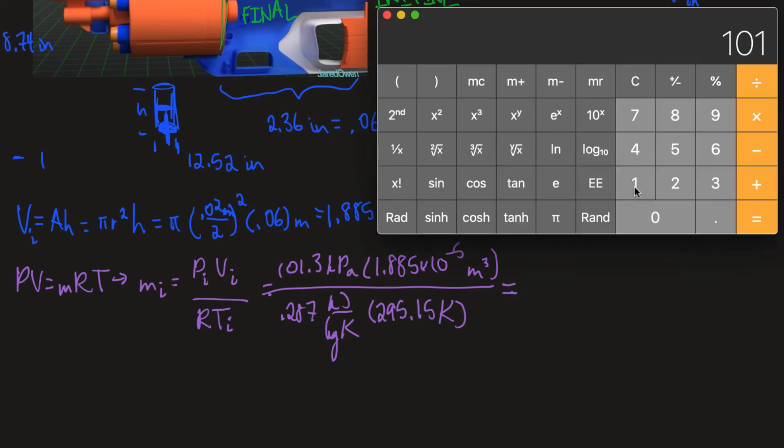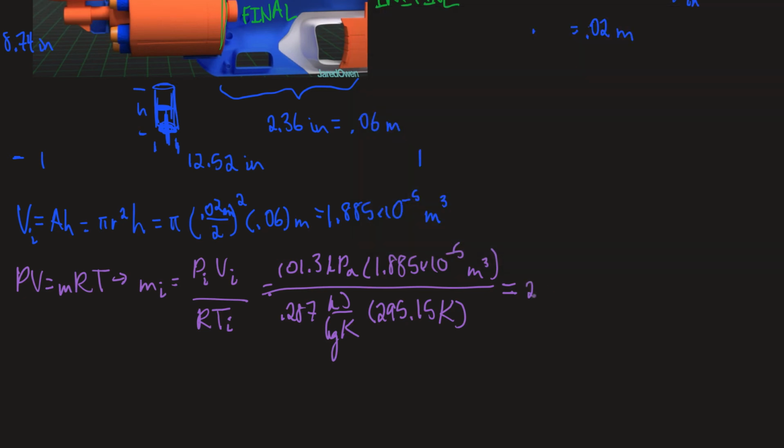So we're going to take that atmospheric pressure times the initial volume, and we'll bring the times 10 to the negative 5 at the end. We'll divide by the gas-specific constant of air and the room temperature, and that gives us 2.254 times 10 to the negative 5, and this is going to be in units of kilograms.